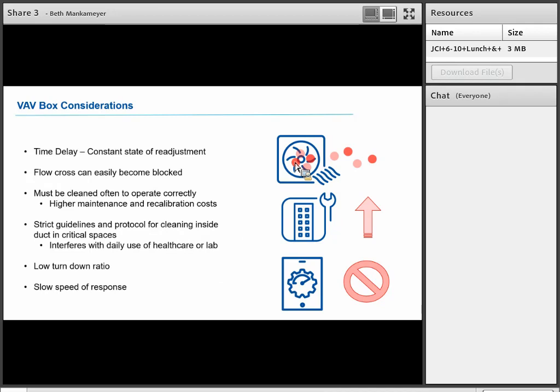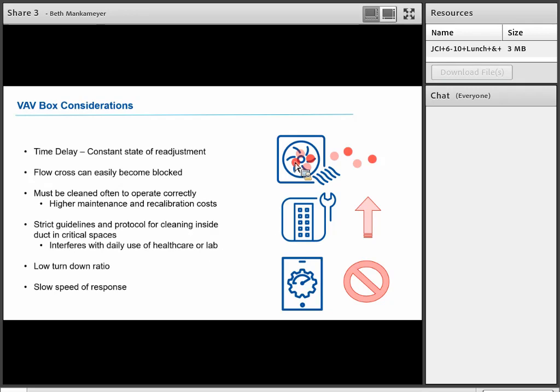And you might even want to look at how accurate the sensor is that you're using at the airflows that you need, because a lot of times those sensors operate very accurately at the 1,000 CFM level, but if you want to turn that down to 200 CFM, the level of accuracy can be off significantly.